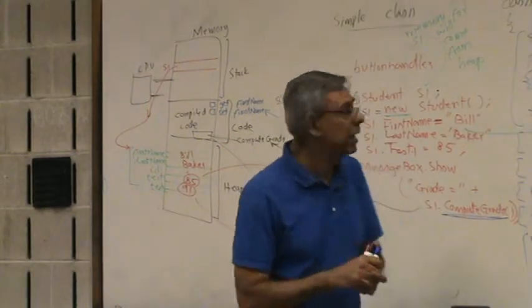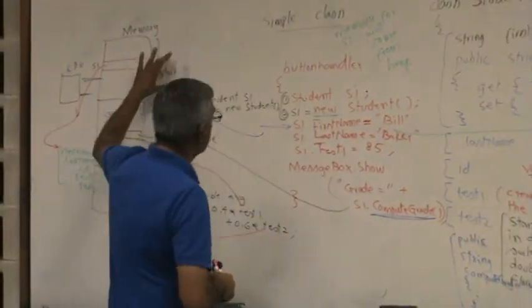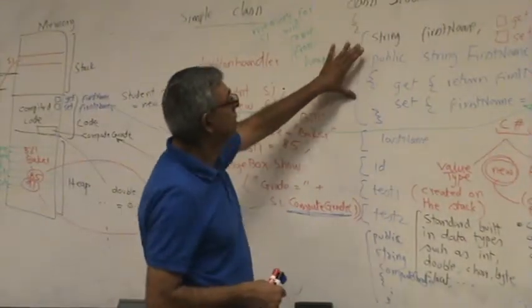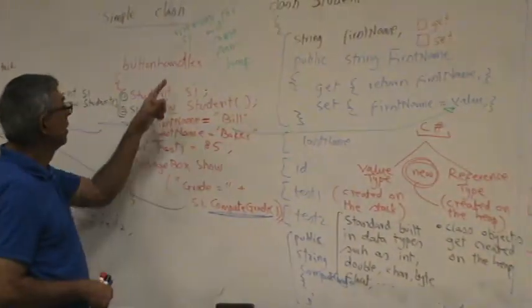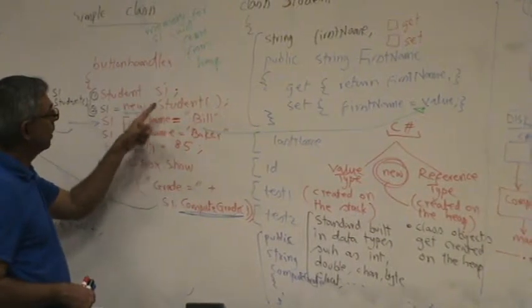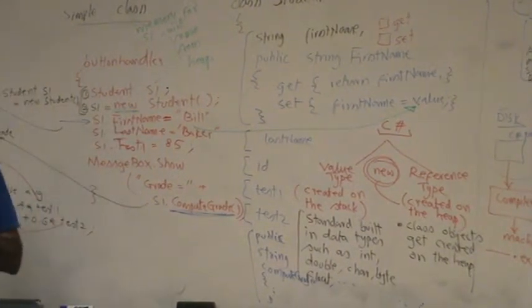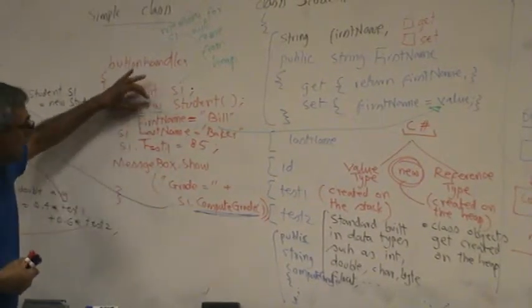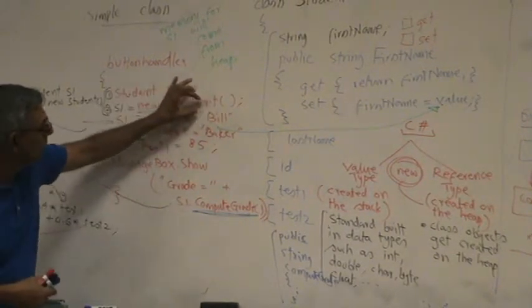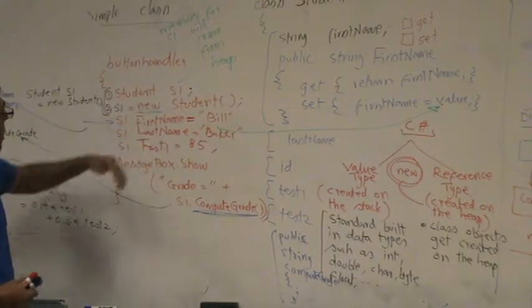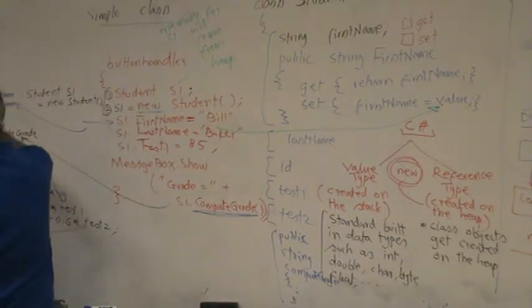Which memory area? Stack area, okay? All the class objects, so if we wanted to create one student, S1, where will the memory come from? Using the new keyword, the actual memory for all the fields will come from the heap, but the S1 itself, which is pointing to this, will come from the stack.